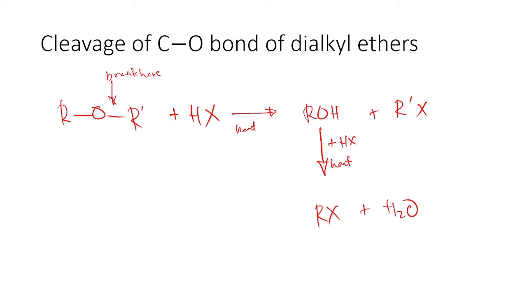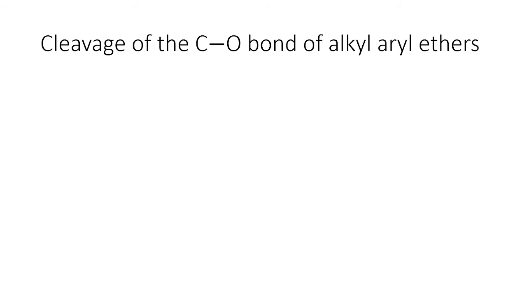Okay, so in that we have there our cleavage of carbon-oxygen bond in dialkyl ethers, and we also have the cleavage of carbon-oxygen bond of alkyl aryl ethers. And for that, we have this general formula for our alkyl aryl ethers.